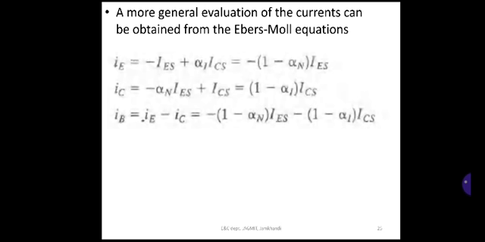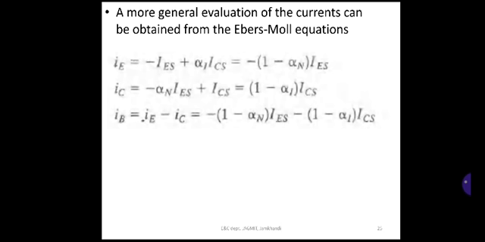Take ICS common here, the remaining term is 1 minus alpha I. Then base current IB is nothing but IE minus IC. Substitute the values of IE and IC, so we get minus of 1 minus alpha N into IES minus 1 minus alpha I into ICS.